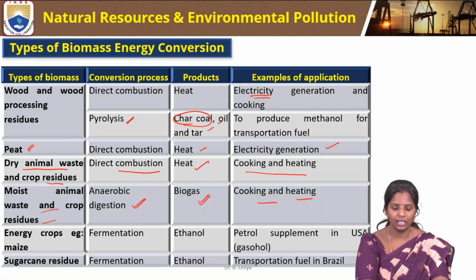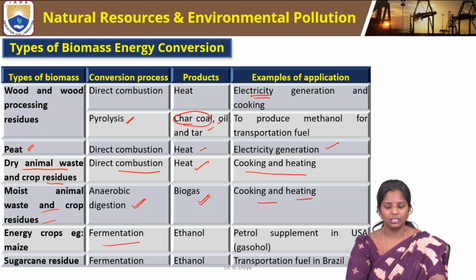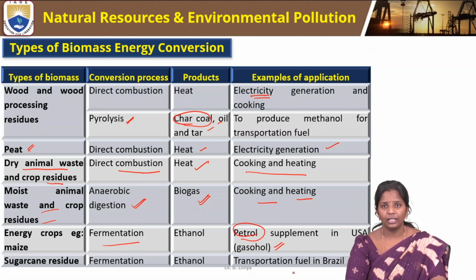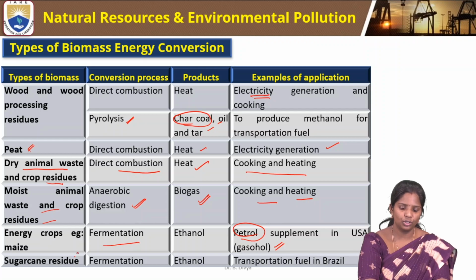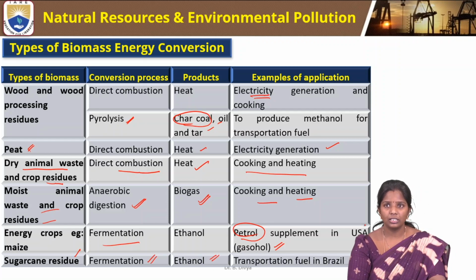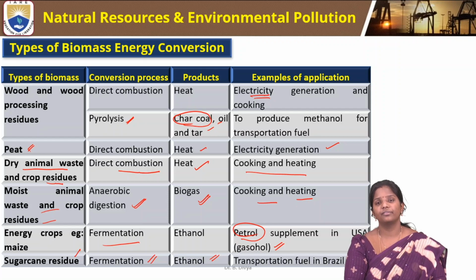Energy crops like maize are fermented to obtain ethanol, a supplement to petrol, called gasohol, which can be used in the absence of petrol. Sugarcane residue on fermentation produces ethanol, which can be used as a transportation fuel, most widely applied in Brazil.